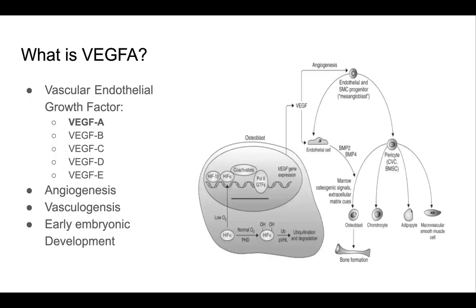So moving to the first bit, VEGFA is under the family of growth factor genes called vascular endothelial growth factors. VEGFA is responsible for vasculogenesis and angiogenesis. These are the formation of blood vessels, either new or from already existing ones.